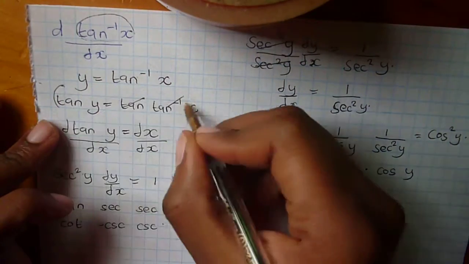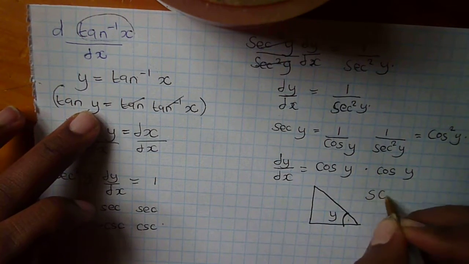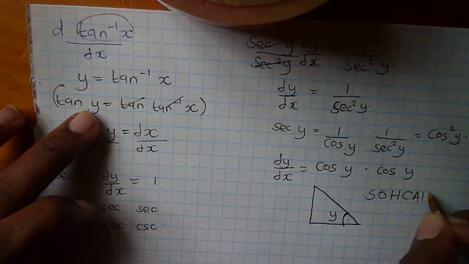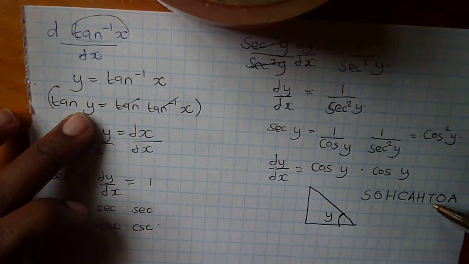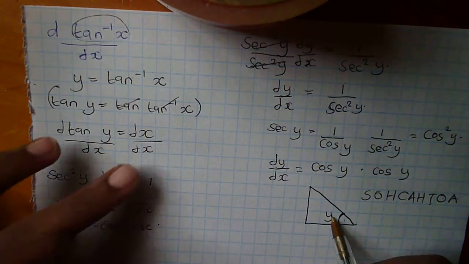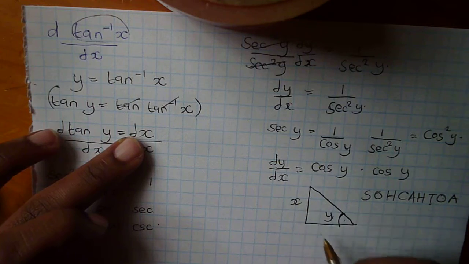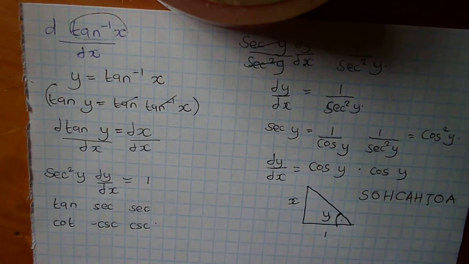So we had let tan y equal to x, so our angle here will be y. Then using the acronym SOHCAHTOA, if this is new to you, TOA just means tan is opposite over adjacent. So tan y will be opposite, which is x, over adjacent, which is 1. To get the hypotenuse, we'll have to use the Pythagoras theorem.